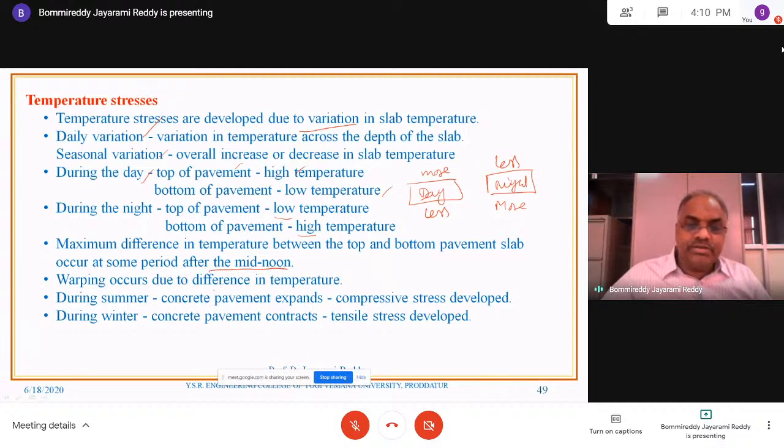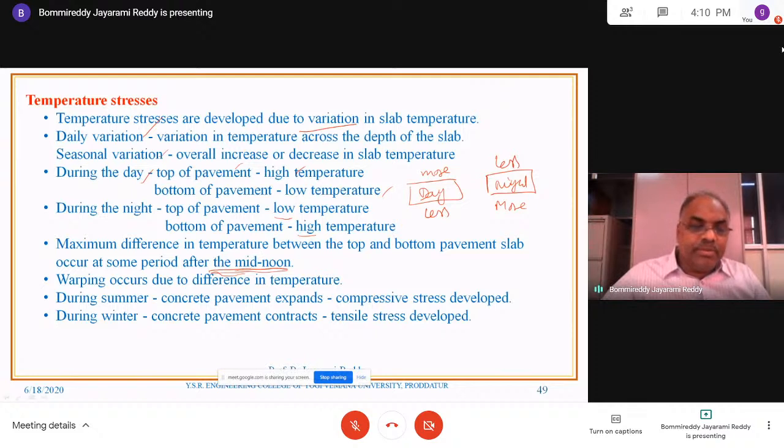After 12 o'clock, maybe around 2 o'clock, the maximum difference of temperature between the top and bottom occurs. So in that particular situation, the worst magnitude of the stresses will be induced.